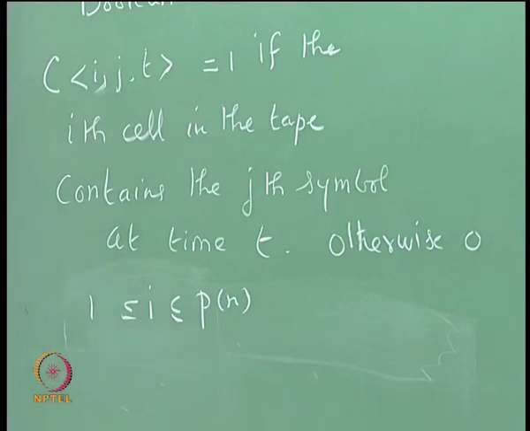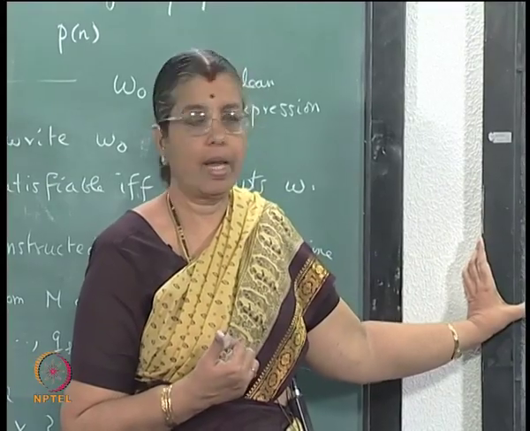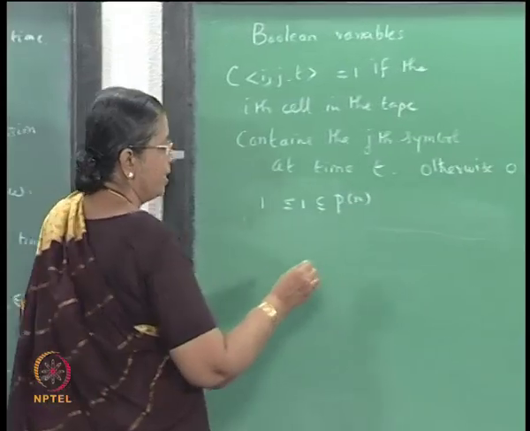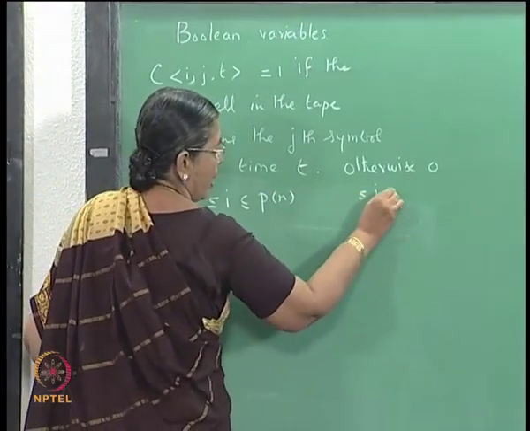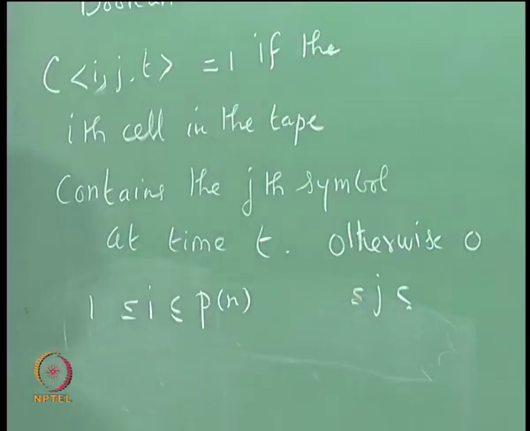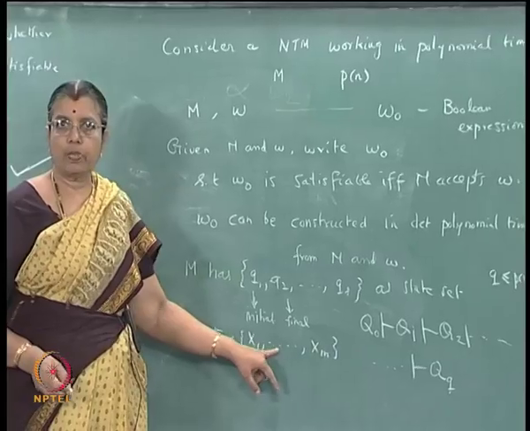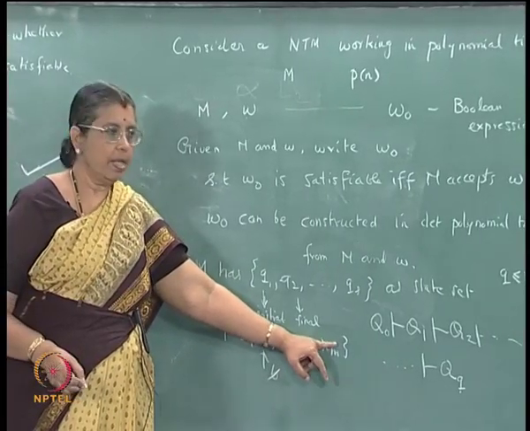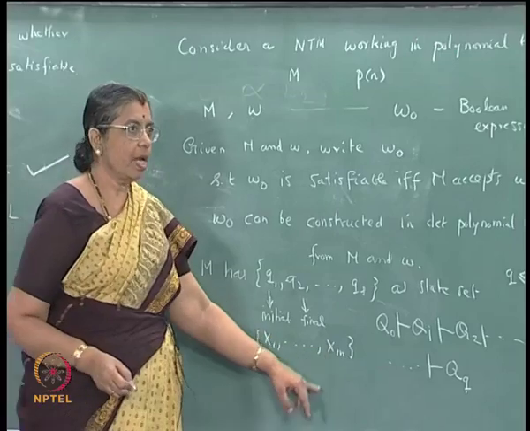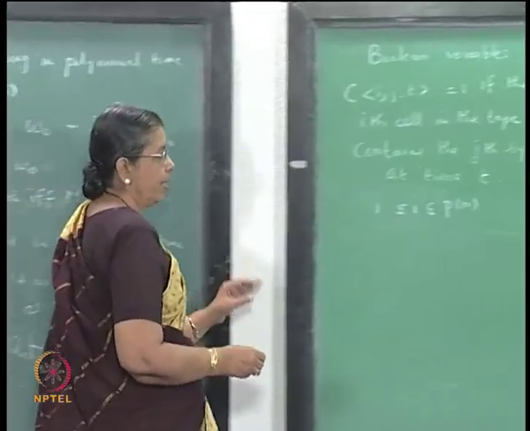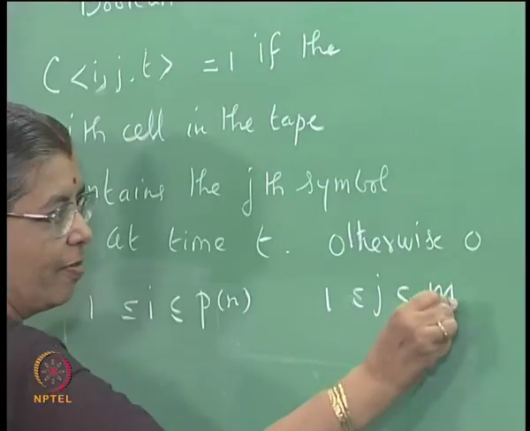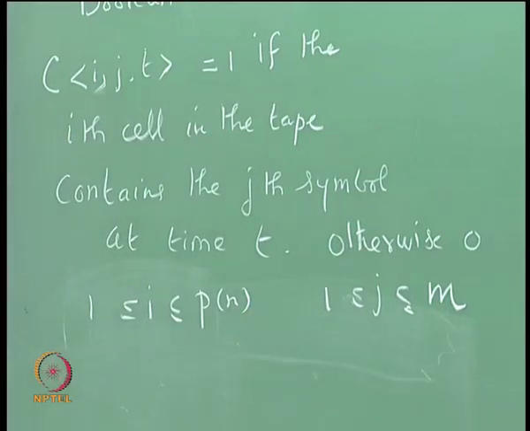From the first cell it can go up to the P(n)th cell. It will not use more than that because the time complexity is P of n. What is the range for j? j can be any one of the m symbols, x1, x2, up to xm, we have defined. So, the range for j will be 1 to m.